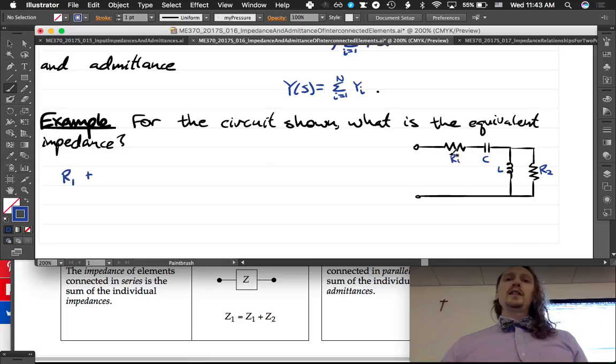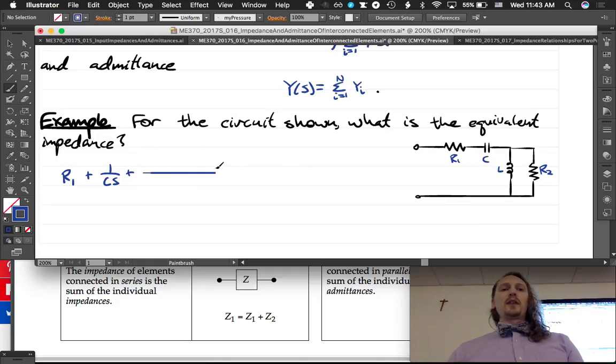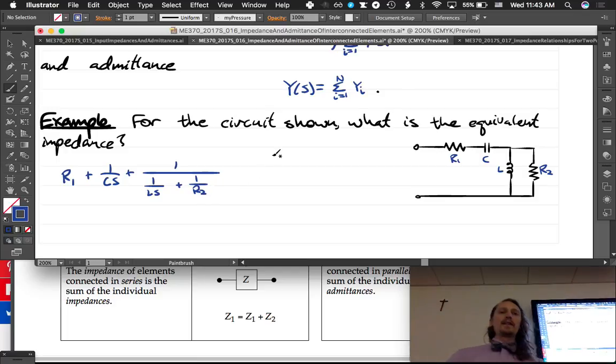Okay, R1 is the impedance of this, plus the impedance of C, which is 1 over CS, plus, I'm just going to do a big fraction, 1 over 1/LS plus 1 over R2. Very good. That is the equivalent impedance.